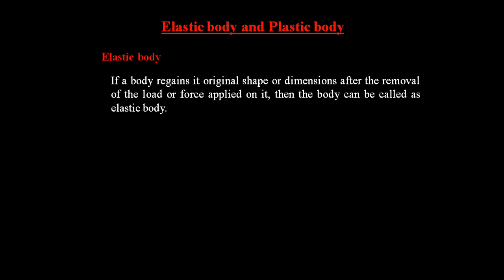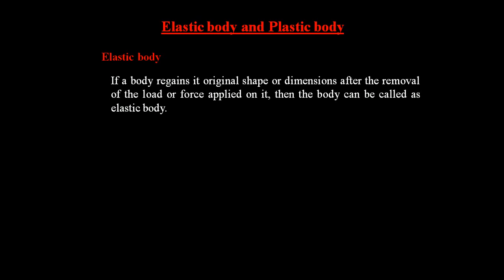And now we try to discuss elastic body. What do you mean by elastic body and what do you mean by plastic body? So now look at what definition we can give for the elastic body. Try to read out the definition. Here the definition I have given: if a body regains its original shape or dimensions after the removal of the load or force that is applied on it, then the body can be called an elastic body.